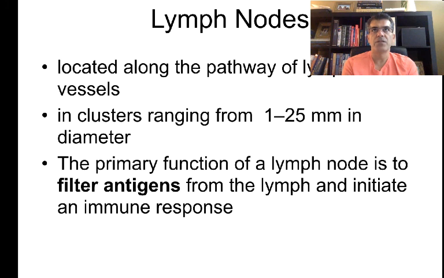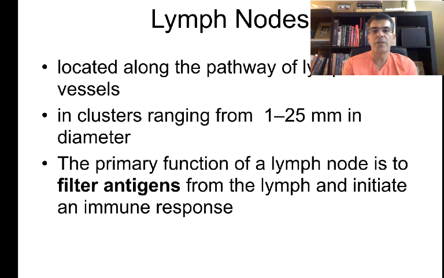Now let's talk about lymph node. Lymph node, as we discussed before, is a small node sitting along the pathway of lymph vessels. When the lymph is moving up toward your blood circulation, before it reaches your blood, we have to make sure this lymph is clean, and therefore the lymph is going to pass through a bunch of nodes called lymph nodes.